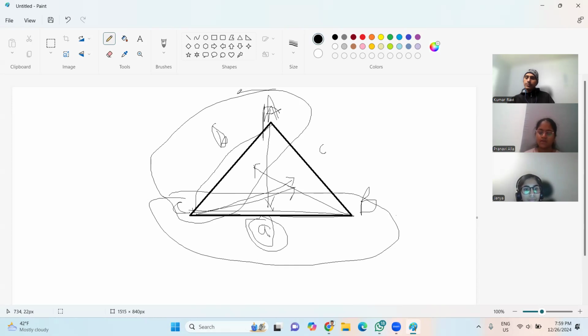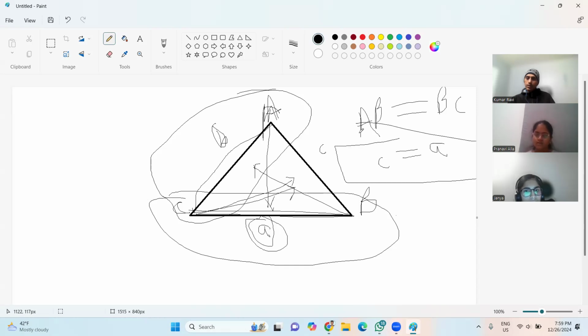Did you get it? So if I tell you AB is equal to BC, what is missing here? C. And here, what is missing? A. So you can say that A is equal to A. You get my point?